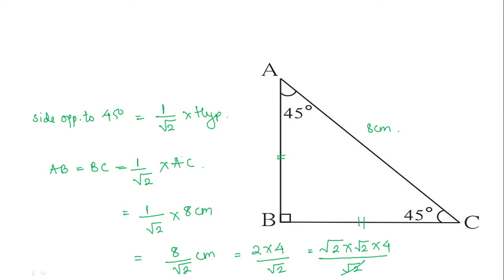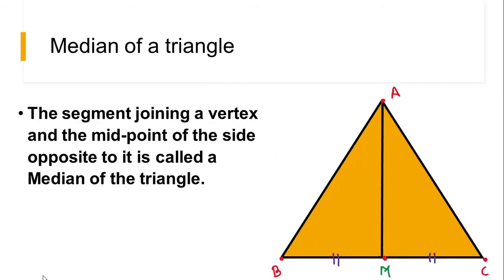Then what next? This root 2 and root 2 will get cancelled, and ultimately you will get it as 4 root 2 centimeters. Children, even if you write up to here, that is also okay. If you further simplify, that will be well and good. Okay, so this was the 45, 45, 90 degree property.